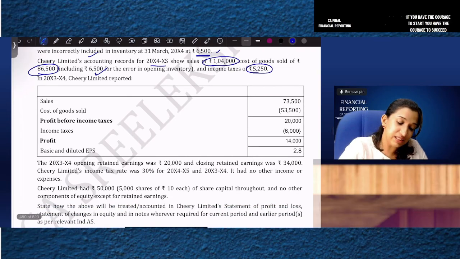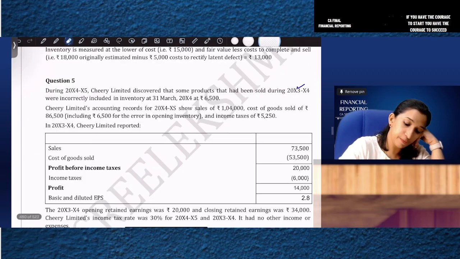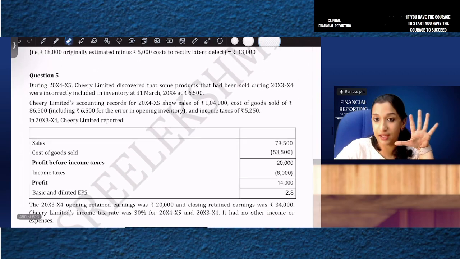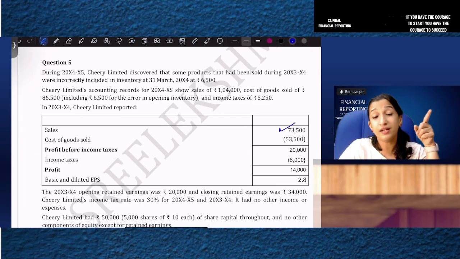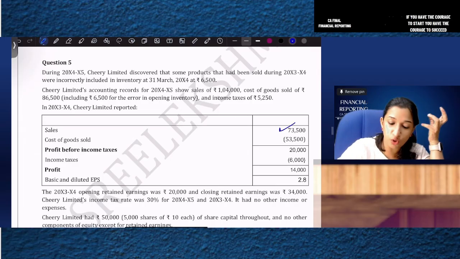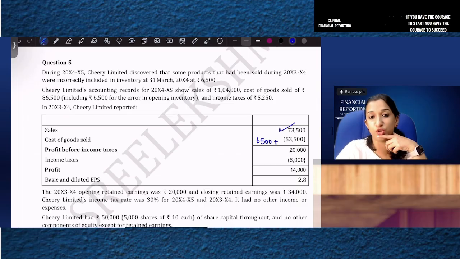Okay, so sales 13-14, 73,500, cost of goods sold 53,500, profit 20,000, income tax 6,000, profit 14,000, and basic and diluted EPS 2.8. So here there is an error. 73,500 was sales, but some goods which you sold costing 6,500 is not shown in cost of goods sold.